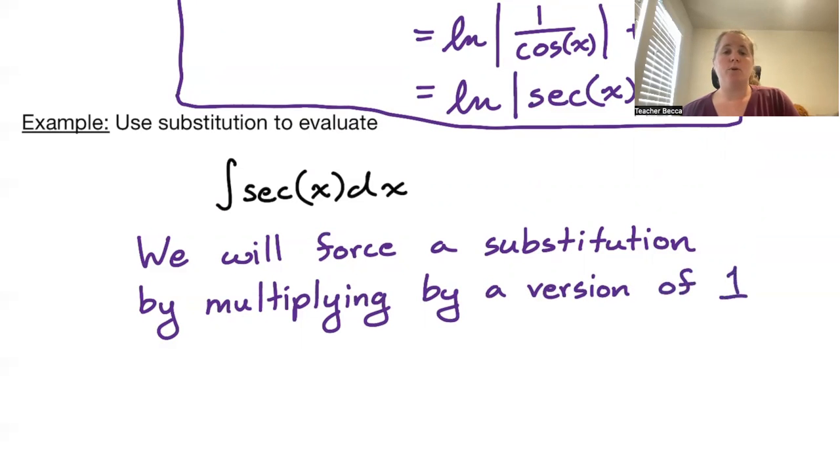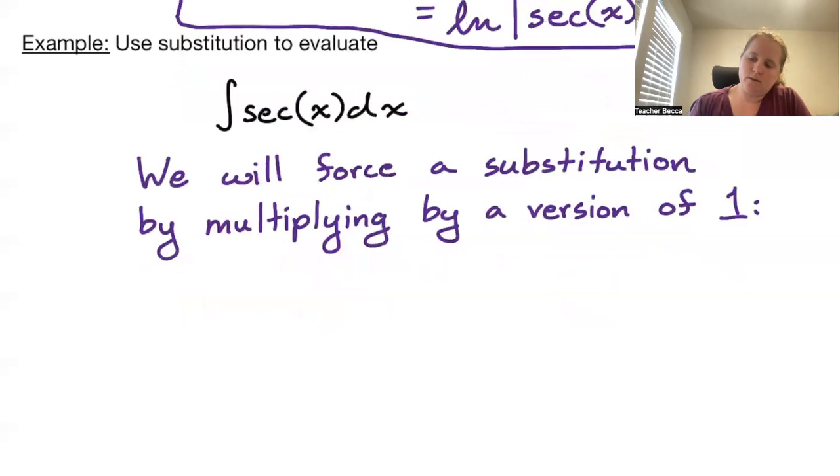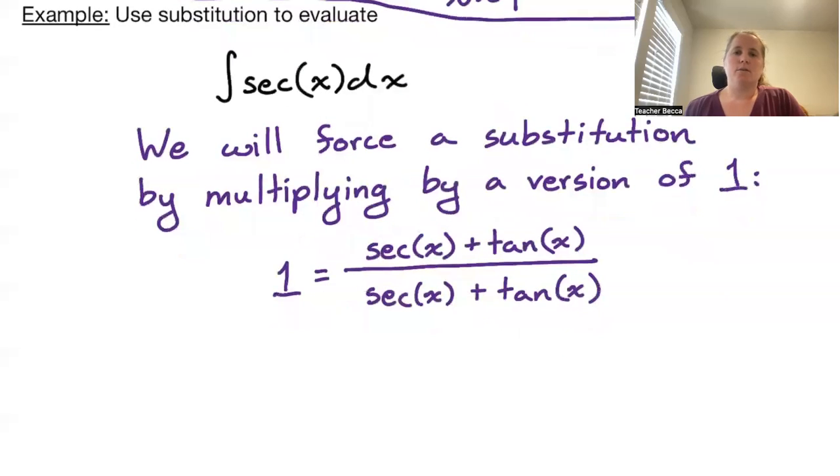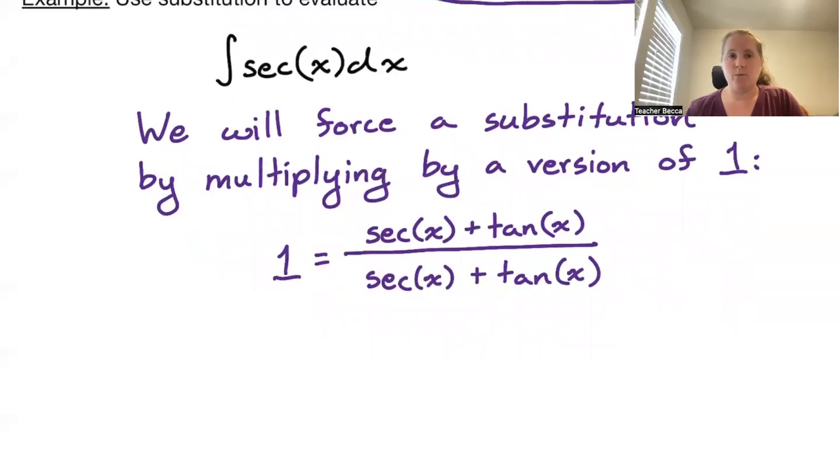And that version of 1 that we are going to use is 1 is equal to secant of x plus tangent of x, whole thing divided by secant of x plus tangent of x. So it seems slightly odd, but you will see why we did this in just a moment.